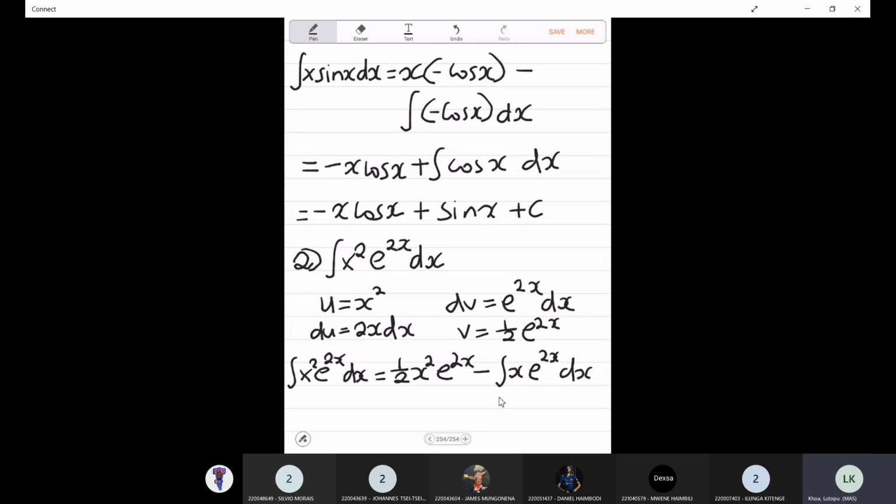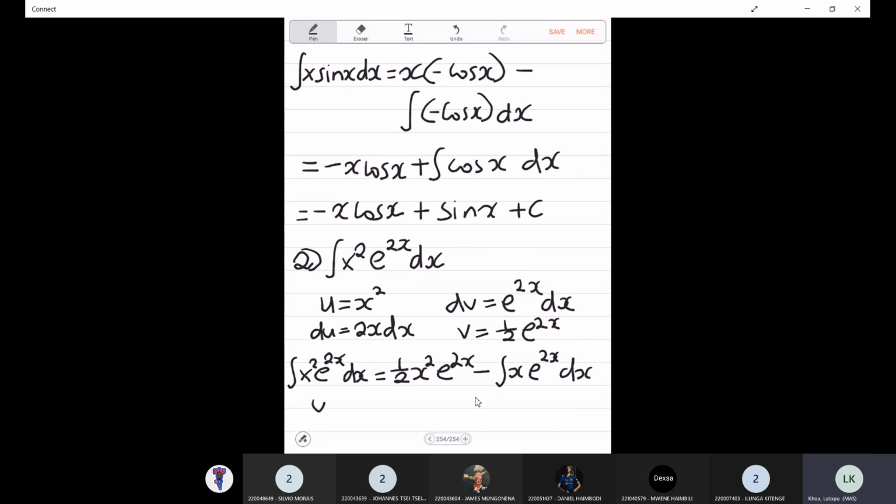So you can see I still have something to integrate over here. And looking at this one, there isn't any other technique I can use to integrate it except integration by parts. So with this question, I have to integrate by parts twice in order to get to my final answer. So this one here, again, I must pick a u, I must pick dv, and then find du and v, and then substitute them, and then hopefully the next integral I have to do does not require me to use by parts.